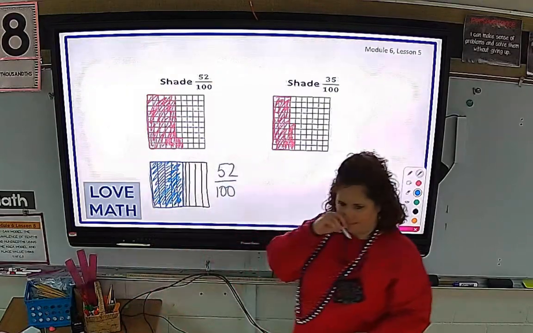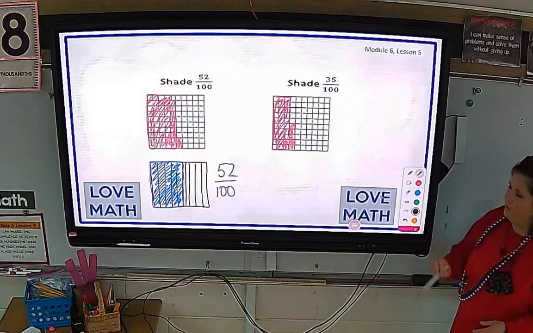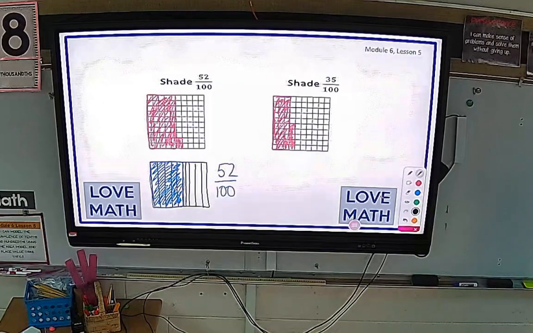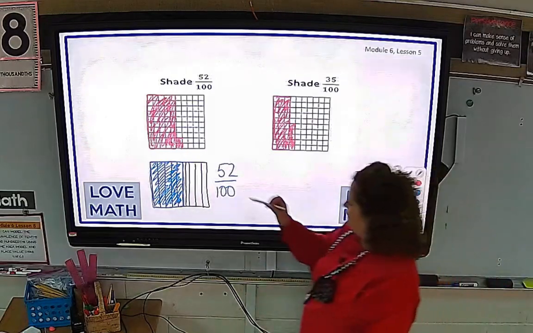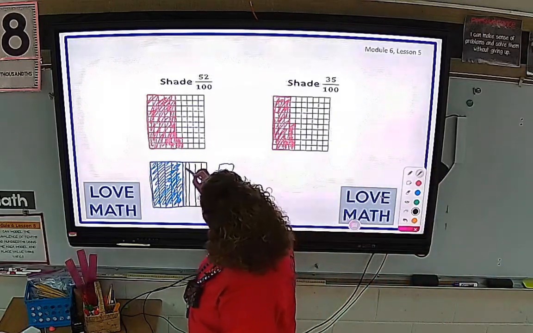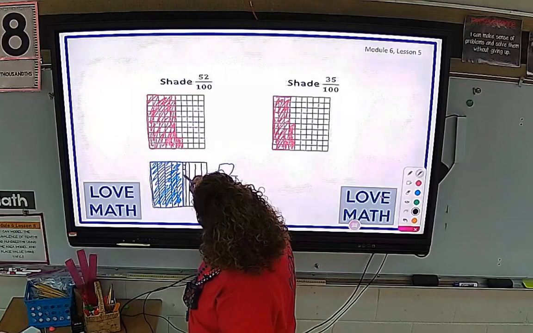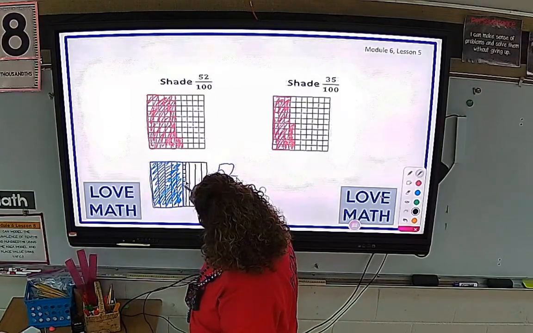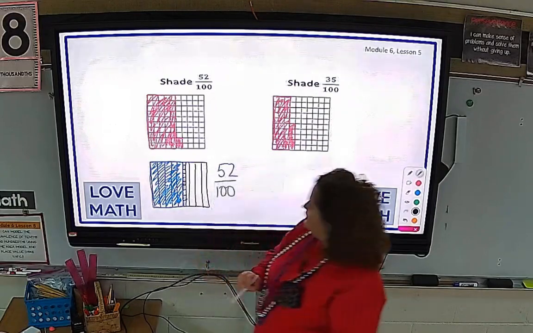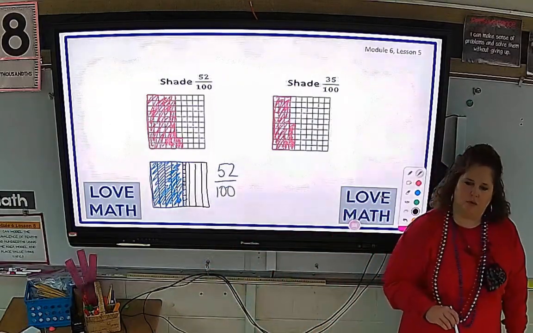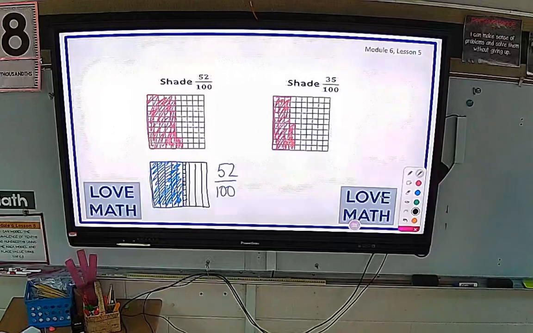Right. What are we going to do with the very next column? Cut it into 10 pieces. So take just that very next column and cut it into 10 pieces. So it kind of looks like I have this one in the middle that's just trying to do something a little different.